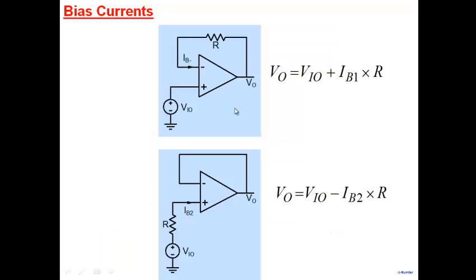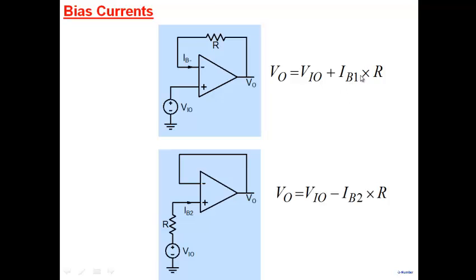All right. Bias currents, how do you measure? Well, suppose you're interested in IB minus here. So what you do is you build this simple circuit here. And now, again, no voltages are applied. You can easily show that V0 is equal to Vi0 plus IB minus, or IB1, into R. So now in this case, you would like to put a very large value of R because you want to magnify this effect.